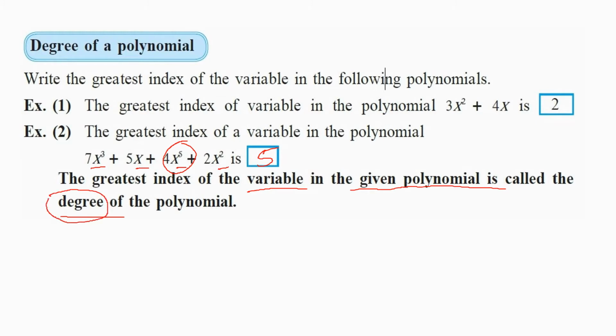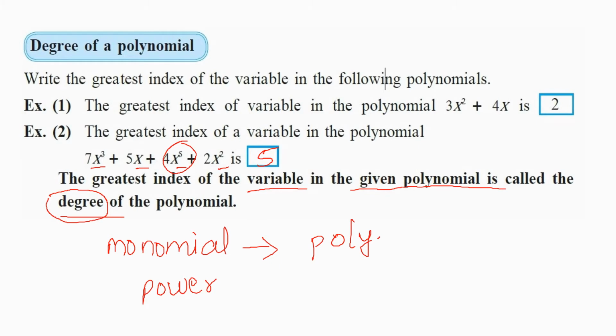Now, when we say monomial, monomial is also a polynomial, just that there would be only one term in a monomial.